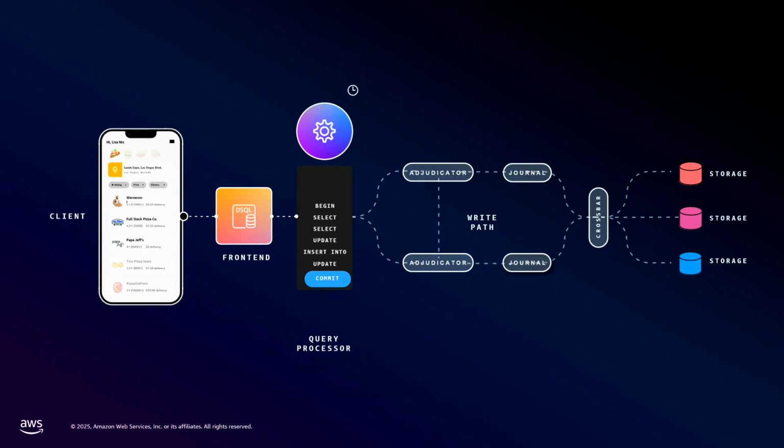Once you're committing, and this is very important, on commit, this is sent to the adjudicator. The adjudicator is a component that will decide if the commit is successful or not. If it is successful, it will durably store that transaction on the journal. The crossbar will merge all those writes in the right order, all the successful commits, and then storage will apply the changes.